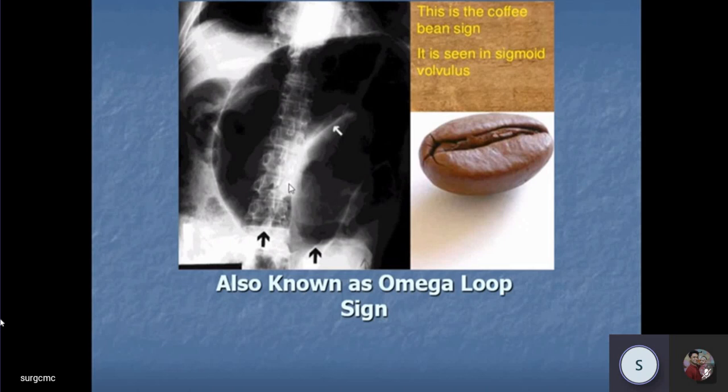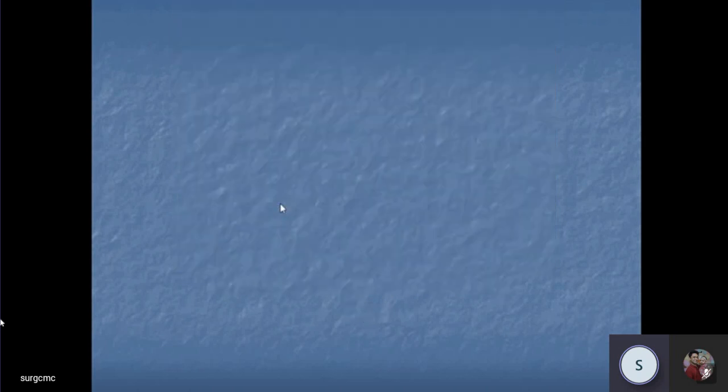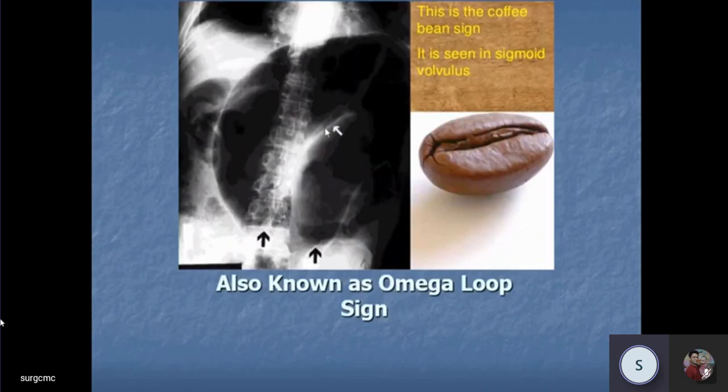The intervening part is this, and this is the junction of one loop and another loop, one loop turning upon itself. This looks like the omega sign or Greek letter, also known as the coffee bean sign. This is the coffee bean.